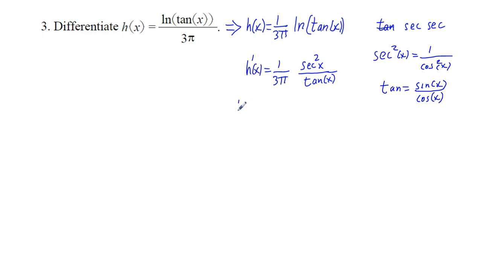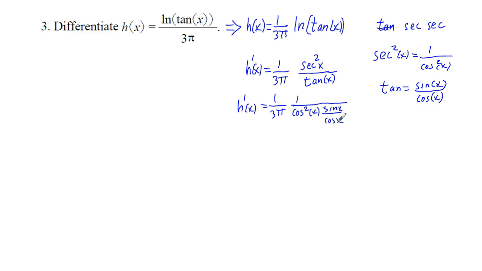I'm going to continue to work down below. h prime of x equals 1 over 3 pi, and we're going to rewrite this secant squared x as 1 over cosine squared x, and this tangent x below, we're going to write as sine x over cosine x.